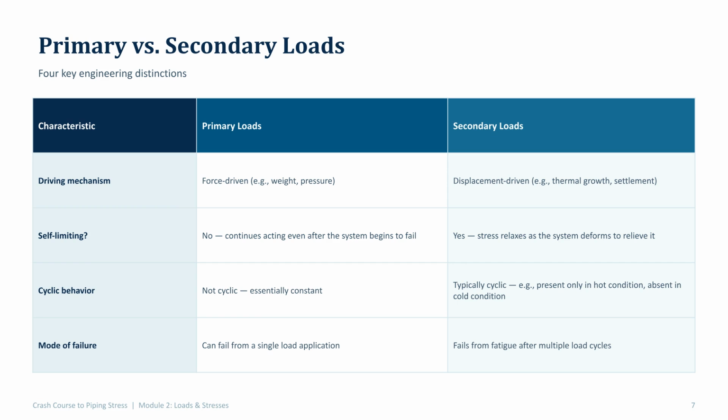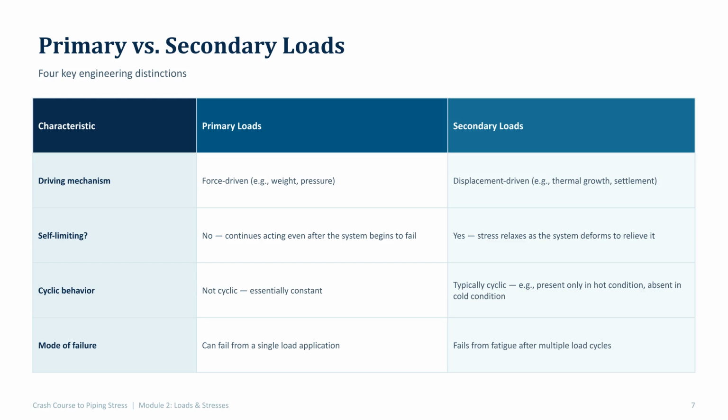Now let's lock in the difference between primary and secondary loads with a clean side-by-side comparison. Because if you remember only one thing from this whole module, this is it. Driving mechanism. Primary loads come from force, weight, pressure. Secondary loads come from displacement, thermal growth, a support settling. Is it self-limiting? Primary loads?